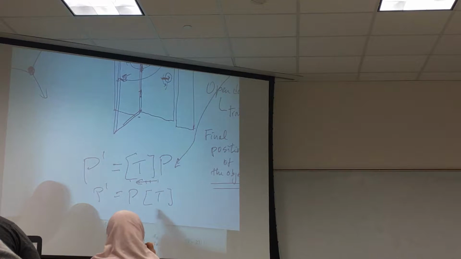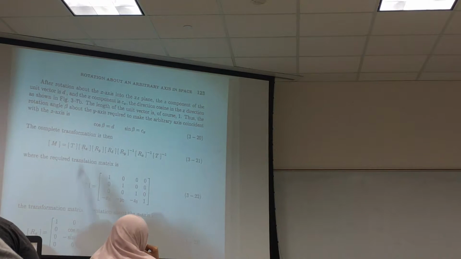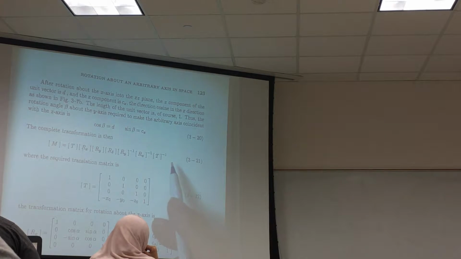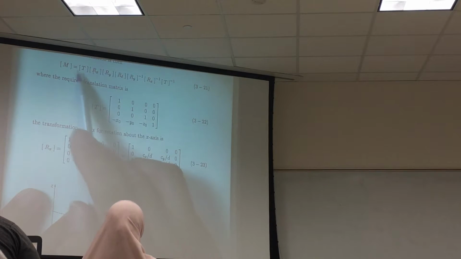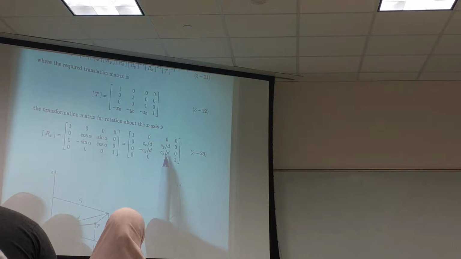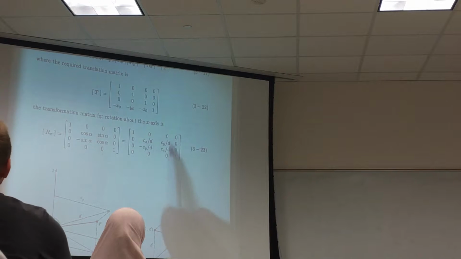The sequence of many different concatenations, we start from here to there. So you do the translation, rotation x, rotation y, rotation delta, inverse rotation y, inverse rotation x, and inverse translation. He puts in the T here and the Rx here, the same thing as we had before, just a different derivation.